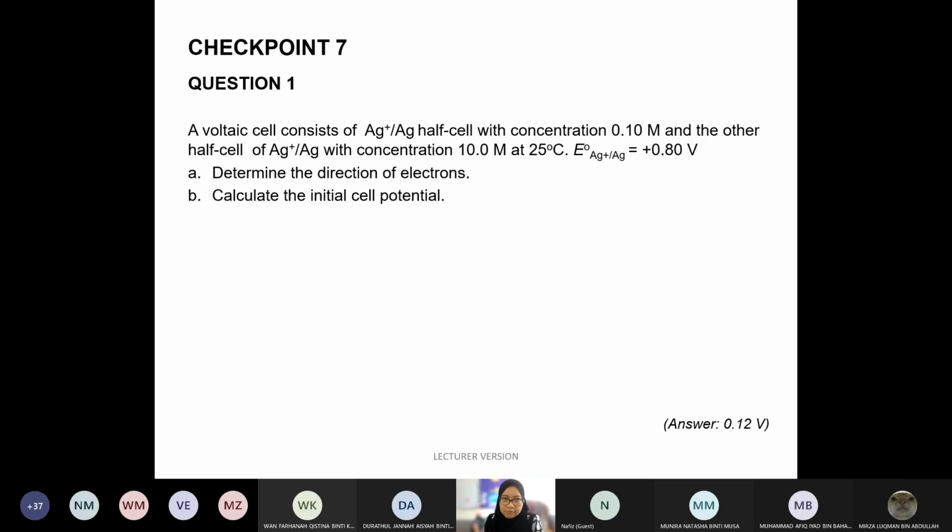This is to warm up, to use the Nernst equation. Make sure that you have that first step on how to use the equation. First step dia apa? Adalah tulis equation tu sendiri. Ya, silakan. Checkpoint 7. Okay, 3 minutes guys. 4 minutes lah, 4 minutes. Need to go to the toilet, okay?